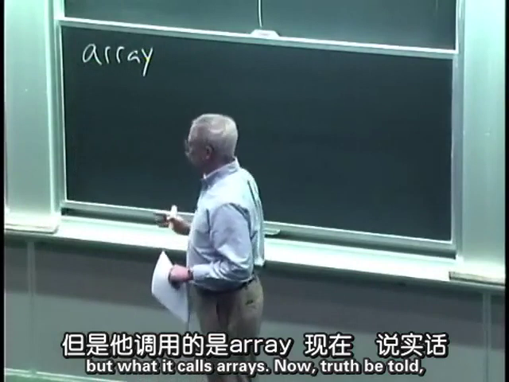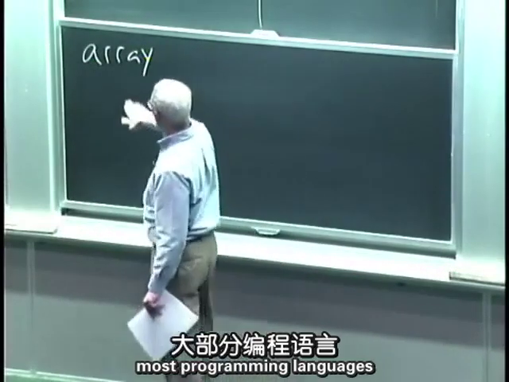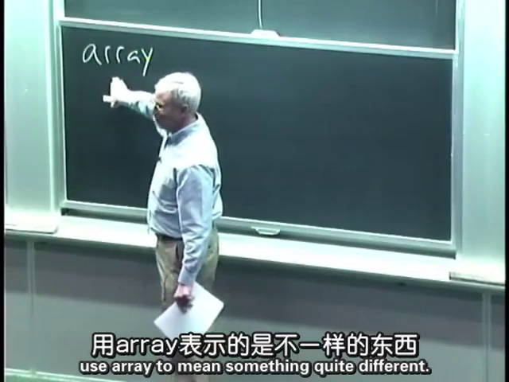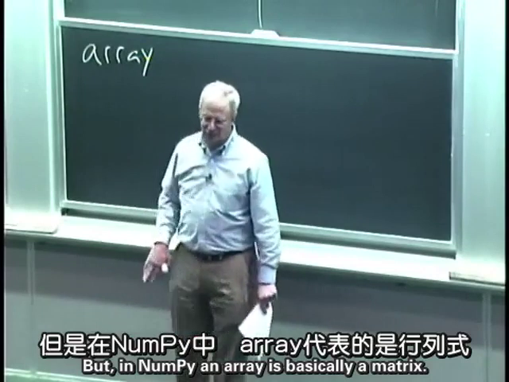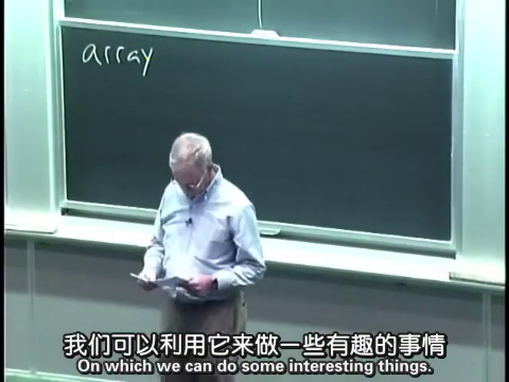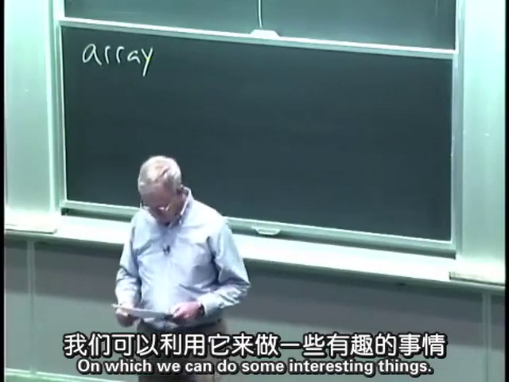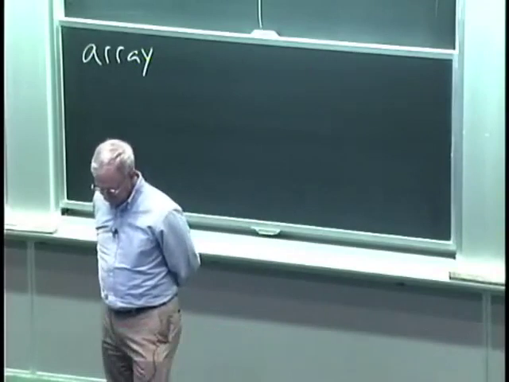Now, truth be told, most programming languages use array to mean something quite different. But in NumPy, an array is basically a matrix on which we can do some interesting things.